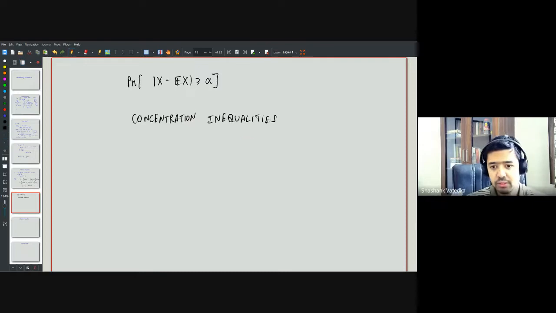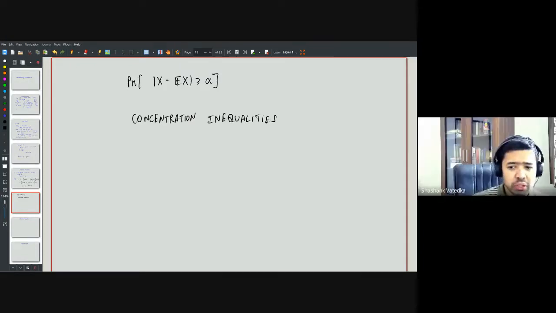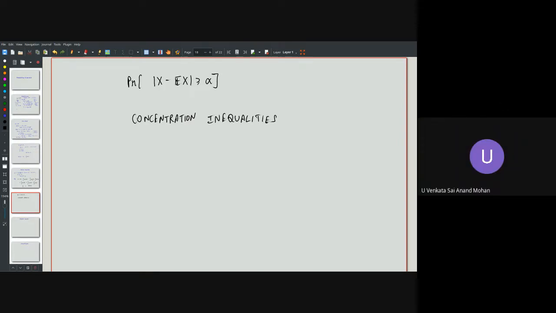Any questions? Sir? So that is greater than or equal to alpha, or less than or equal to? Whatever. If you have one, you have the other, right? If the random variable is close to the mean, then if you are measuring that, it is less than or equal to alpha. Correct.